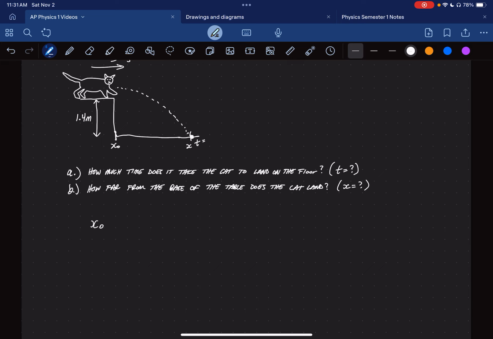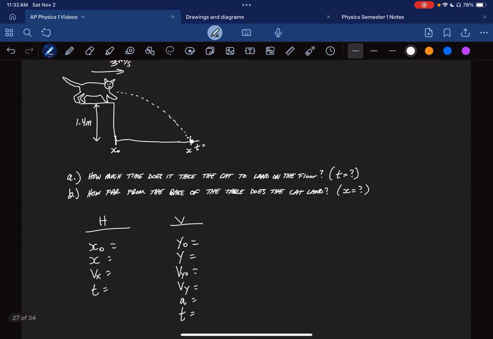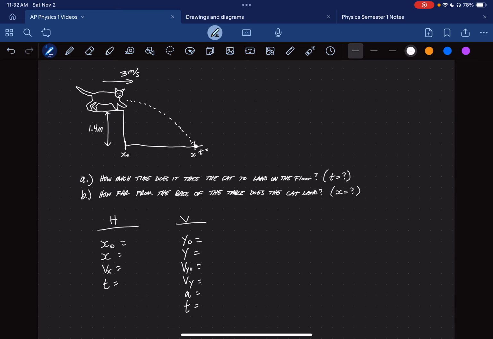We're going to make two lists of variables, our horizontal and our vertical. And we can start putting in some numbers in these lists.